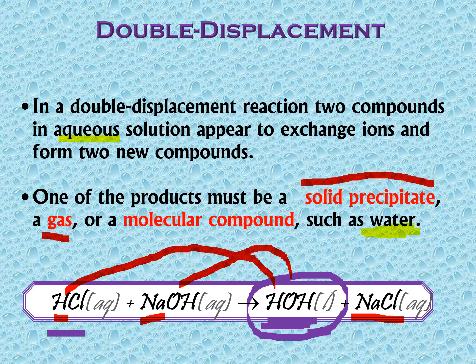Hydrochloric acid, classic acid. Sodium hydroxide, classic base. And these are the kind of products you get from an acid-base reaction. We'll talk about that later on. So double displacement is when the cation from one compound winds up with the anion from another, and vice versa. They switch partners.